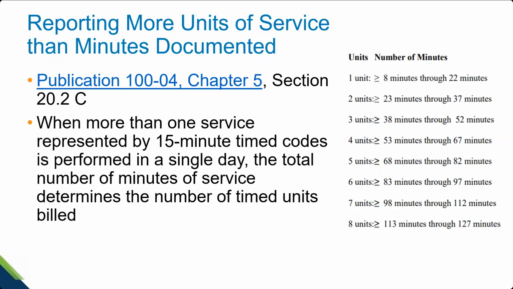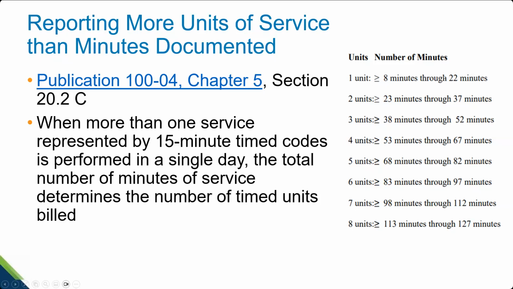Another example: 7 minutes of neuromuscular reeducation, 7 minutes of therapeutic exercise, 7 minutes of manual therapy. So that's a total of 21 minutes. Even though there were 3 different CPT codes provided, it still only falls into 21 minutes.